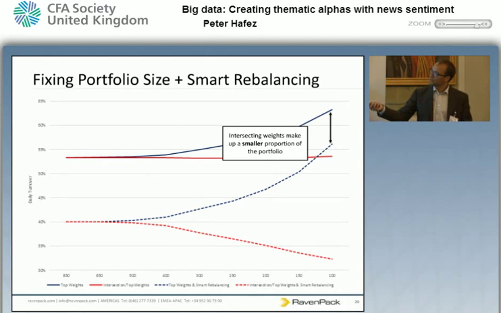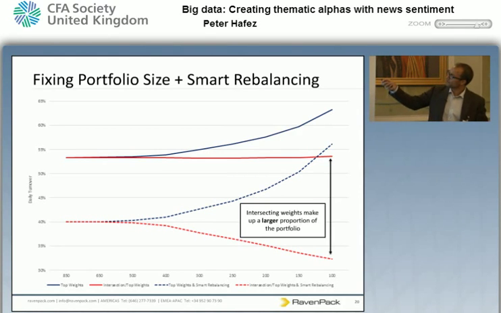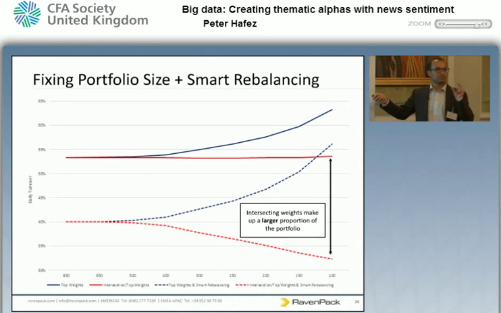But as we see, if we then start to reduce the size of our portfolio, this smart rebalancing, as we call it, starts to kick in and produce more and more value. And why is that? Well, if you look at this version first, this actually starts to converge, because as we select top stocks, top weights, the likelihood of seeing intersection stocks decreases, and therefore these will converge.